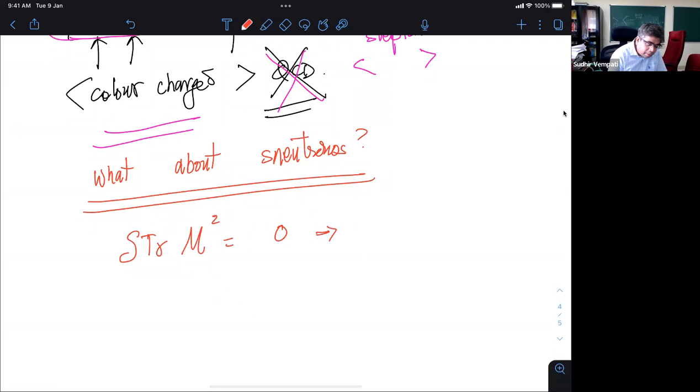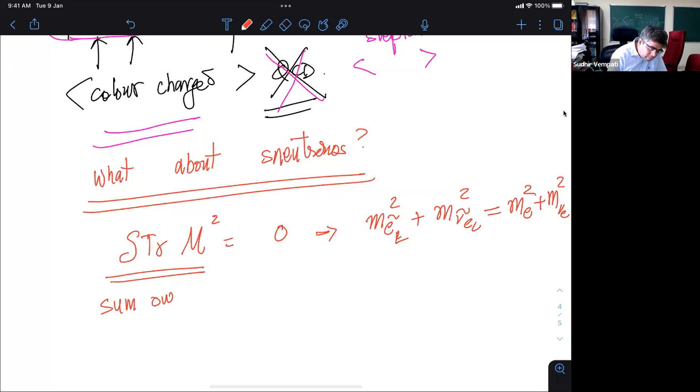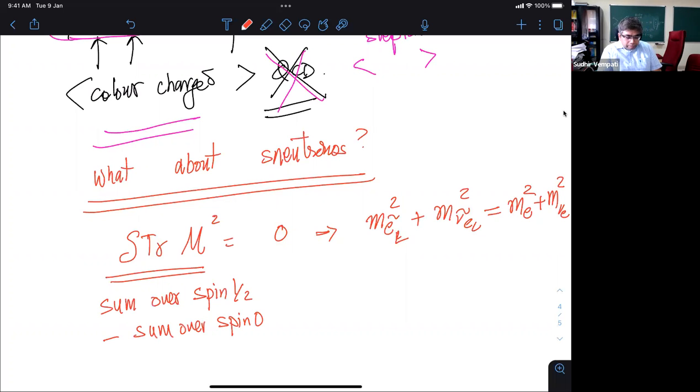So that means you'll have m_e-L squared plus m_ẽ-L squared should be equivalent to m_e squared plus m_ẽ squared. The supertrace means sum over the spins: spin half minus sum over spin 0, taking the mass squares. So you'll have relations like this.